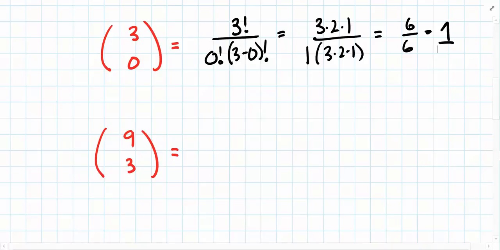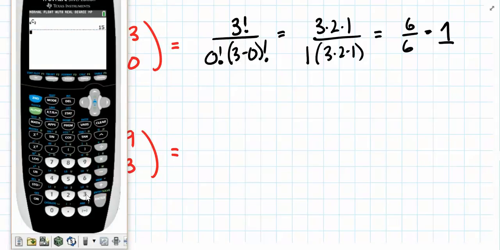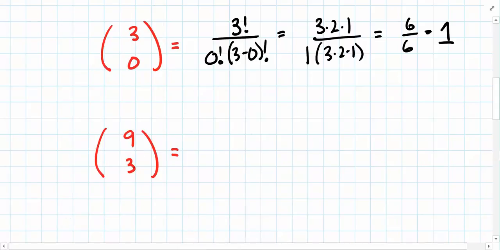So we can check that in the calculator real quick. I want 3, math, over to PRB, option number 3, 0, and I should get a value of 1, and yes, I get a value of 1. Awesome, sweet. Let's do 9 over 3.